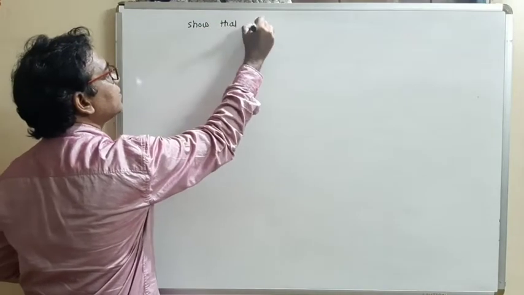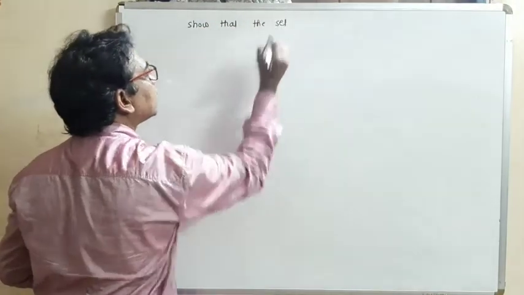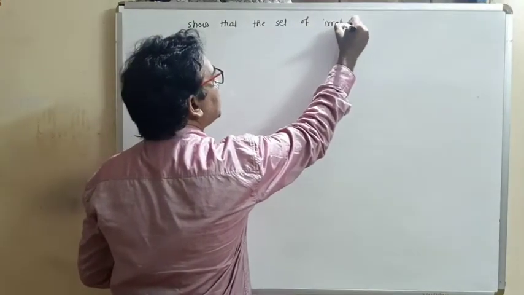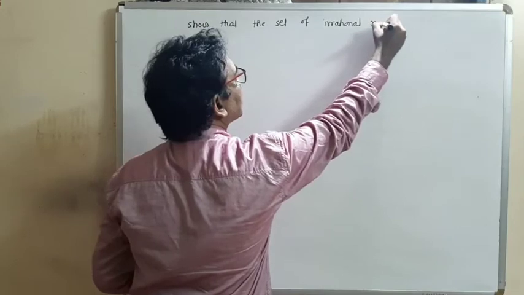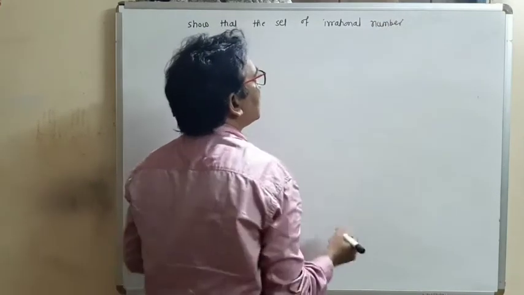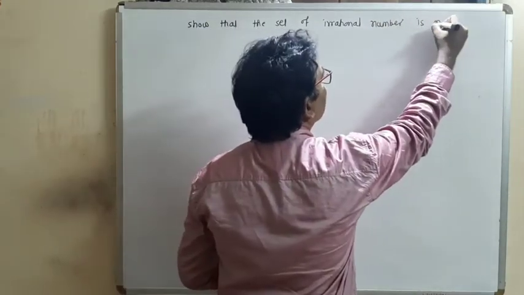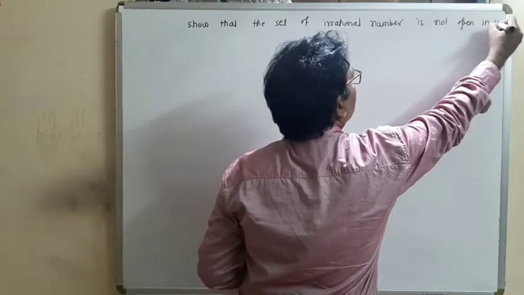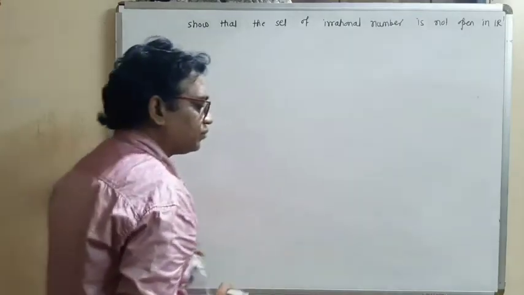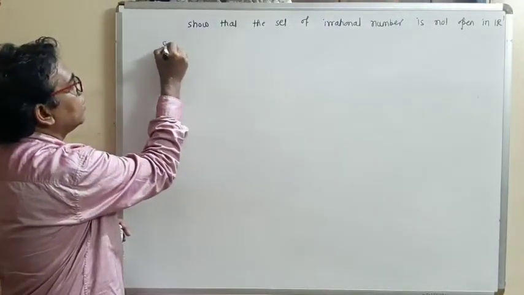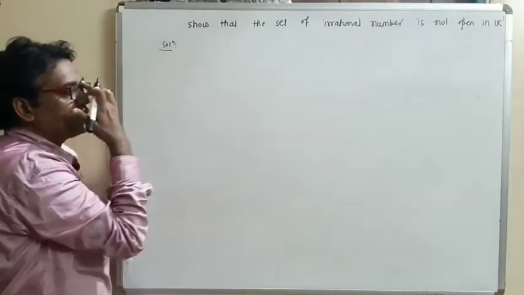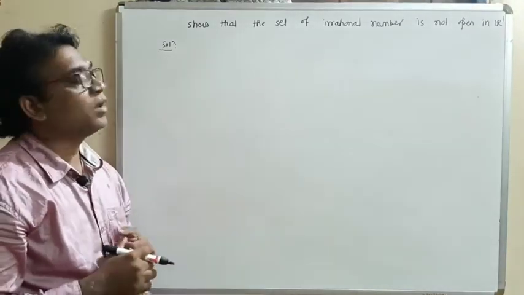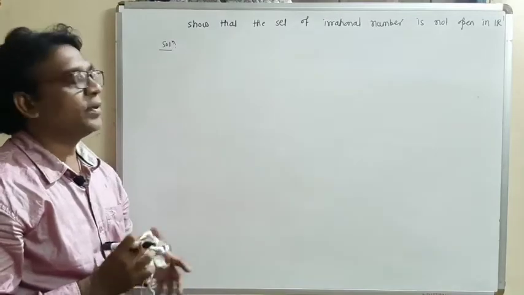Show that the set of irrational numbers is not open in R1. Now see, this is again the same example, the same pattern. Show that the set of irrational numbers is not open in R1.